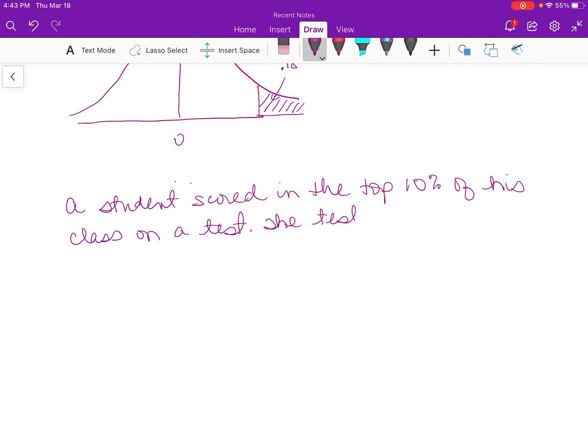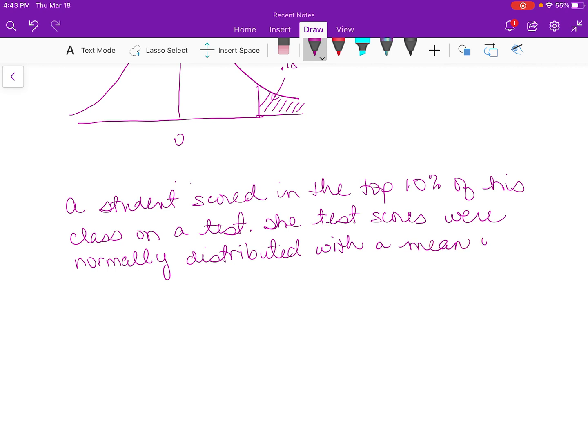The test scores were normally distributed with a mean of 81 and a standard deviation of 5.